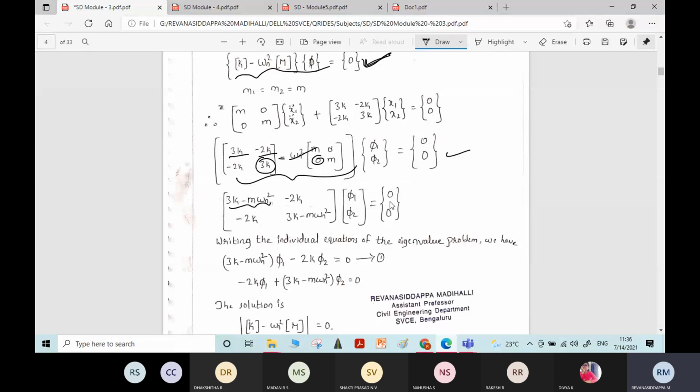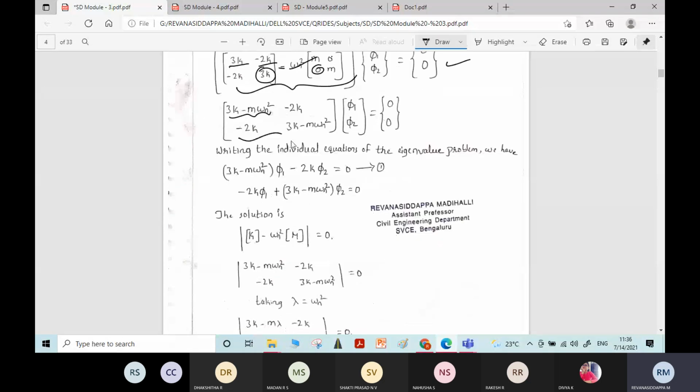Again you multiply these two matrices and you will get two equations. That is 3K minus M omega n square into phi 1, plus minus 2K into phi 2 equal to 0. That is one equation, and similarly one more equation by multiplying second row with the column. You will get two equations.